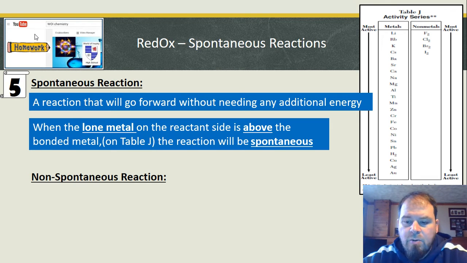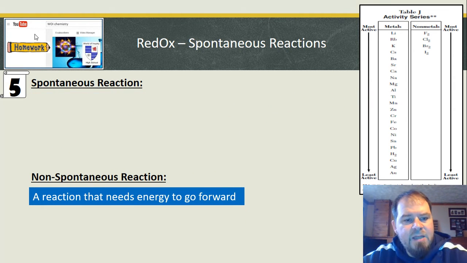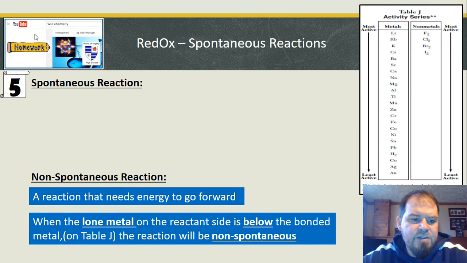So we're going to deal with single replacement reactions. There's going to be a compound and a lone metal. If the lone metal is higher than the metal that's in the compound, boom, it's going to go. And you just have to look them up on table J. And the opposite's true for a non-spontaneous reaction. This one needs energy. And so when the lone metal is below the bonded metal, then it'll be non-spontaneous.